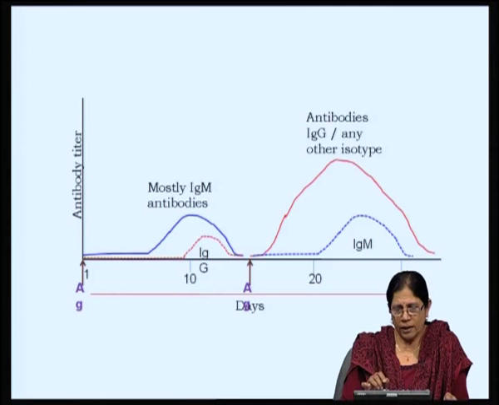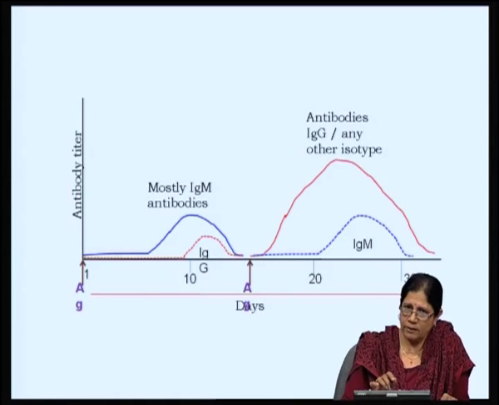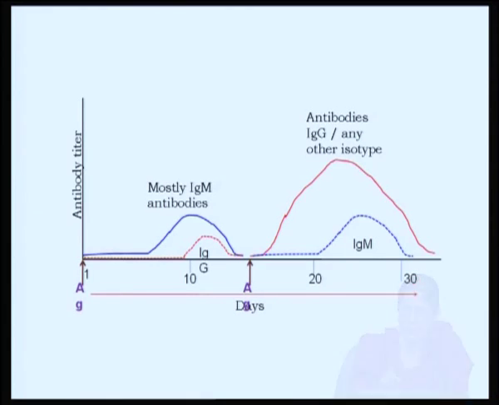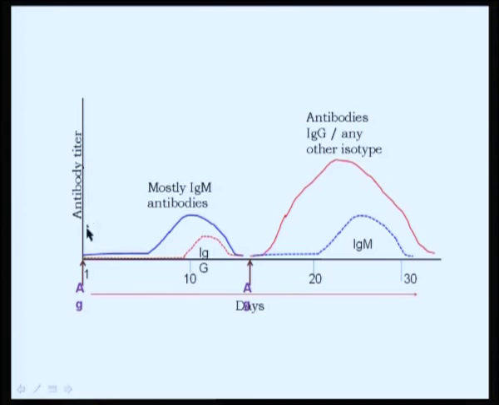Now, before I come again to the class switching itself, let us see when does class switching take place. Remember, I have told you that class switching is a phenomenon that happens in case of B cells which are T cell dependent. I will remind you of certain molecules which are required for this class switching, but just let us look at the antibody titer that one can see in response to an antigen.